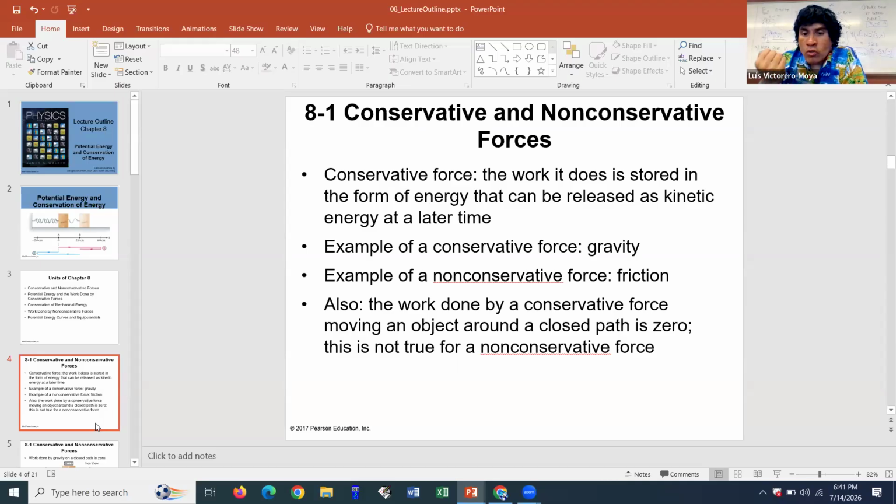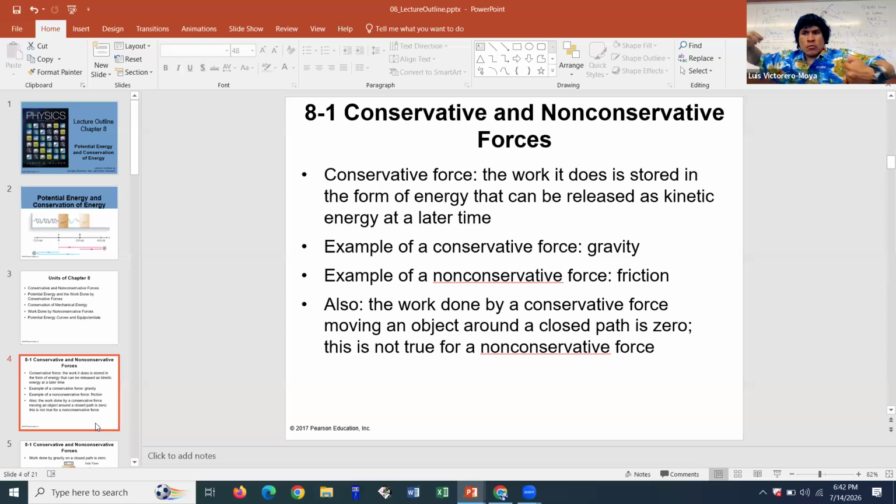Additionally, the work done by a conservative force moving in a closed path is zero. That's not true for non-conservative forces. What's an example of a closed path? The orbit of planets, right? The force between the Earth and the Sun, we call it the gravitational force. We're going to study that in chapter 7, all right?